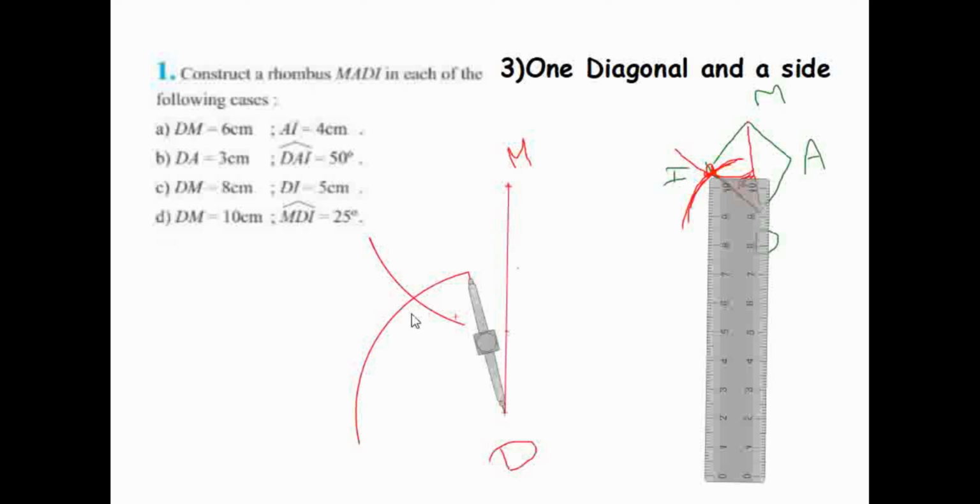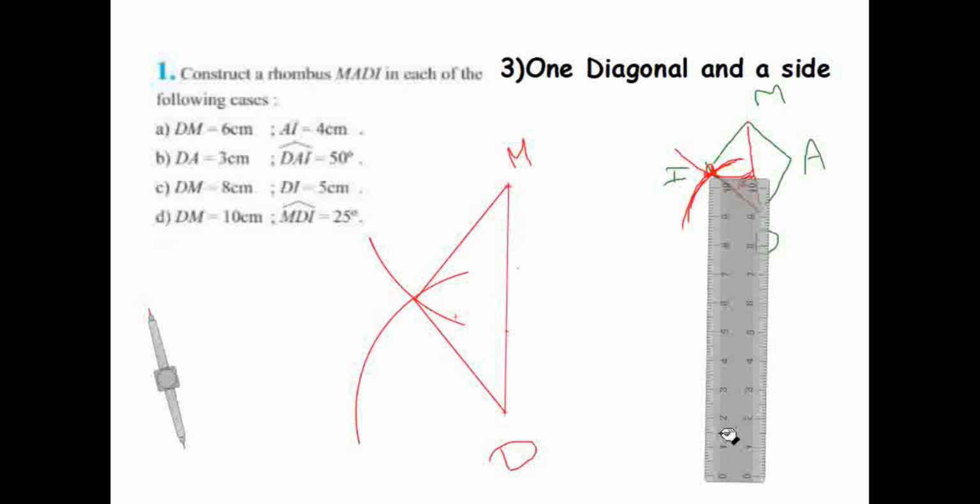You see they intersect at some point here, so I'm going to take the compass away and just connect D to the point where they intersect. This is the point I'm searching for, and connect M also to this point.